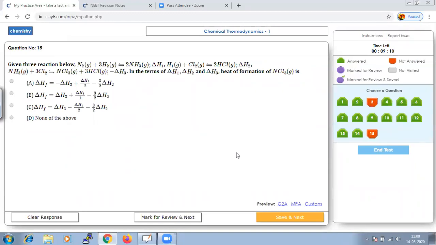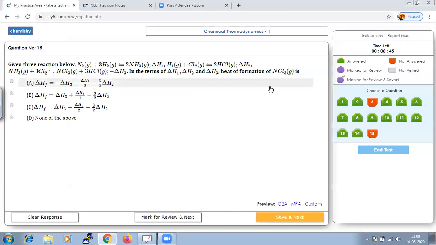They have given us different reactions: N2 plus 3H2 gives 2NH3, that is delta H1; H2 plus Cl2 gives 2HCl, that is delta H2; and NH3 plus Cl2 gives NCl3 plus HCl, that is delta H3. So if you try to relate in terms of delta H1, H2 and H3, we should find out the formation of NCl3.